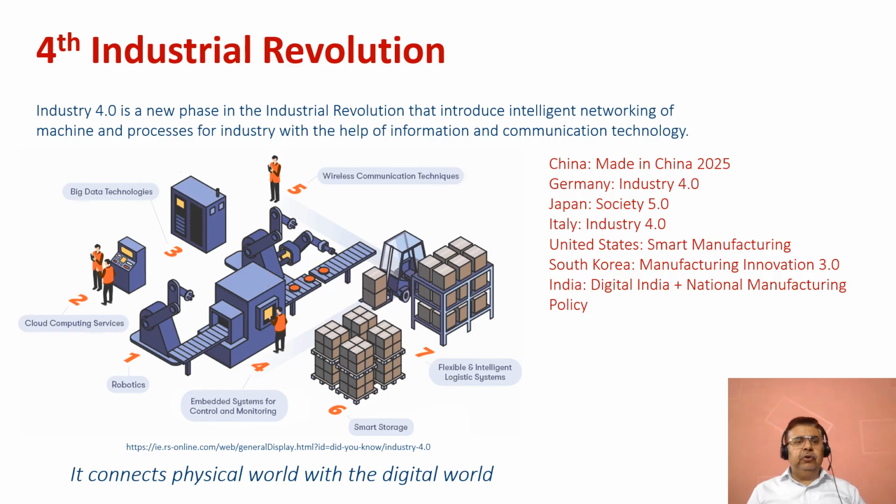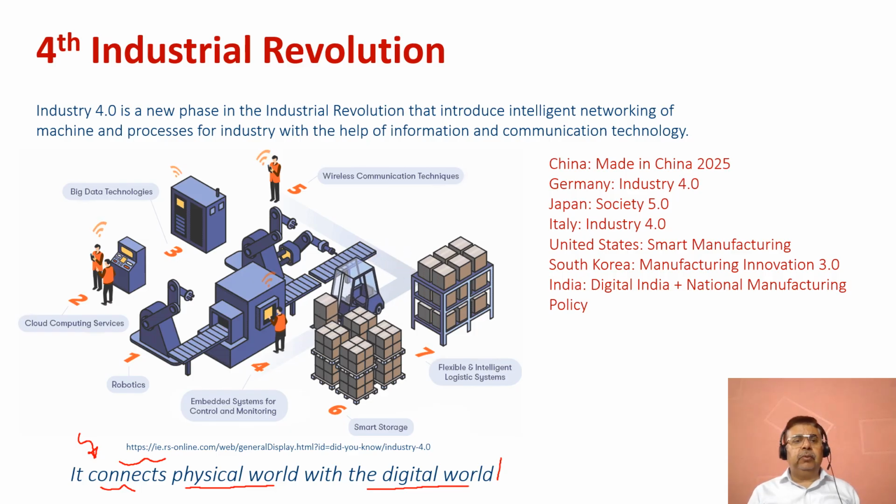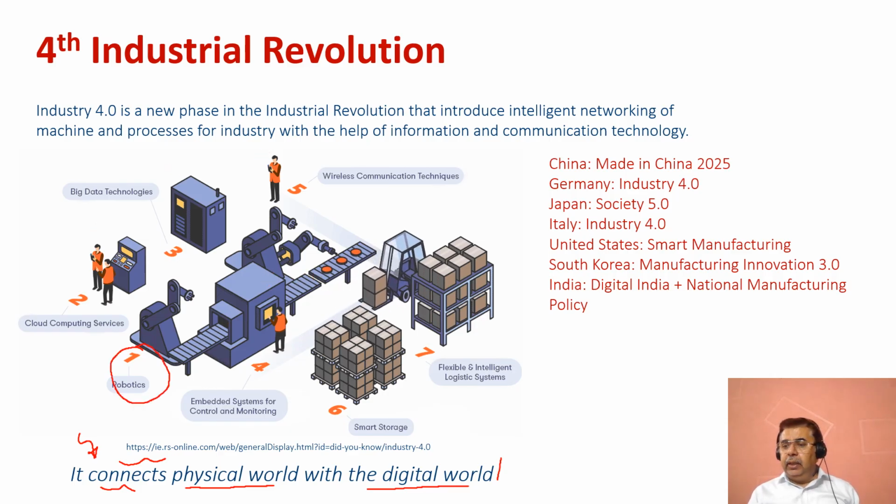Now let's go into a factory environment. Typically in the fourth industrial revolution, we are connecting the physical world with the digital world. So we're talking about connected worlds. So you can see what all is happening at different stations in this factory. For example, at location one, it is robotics.